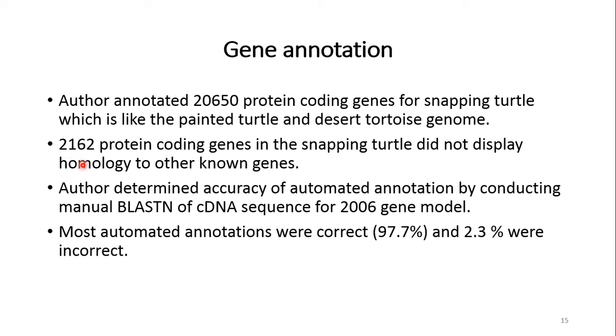The remaining 162 protein coding genes in the snapping turtle did not display homology to other genes. The authors determined the accuracy of automated annotation by conducting a manual BLASTN of cDNA sequence of 2006 gene models, and most automated annotations were correct: 97.7% correct and 2.3% incorrect.